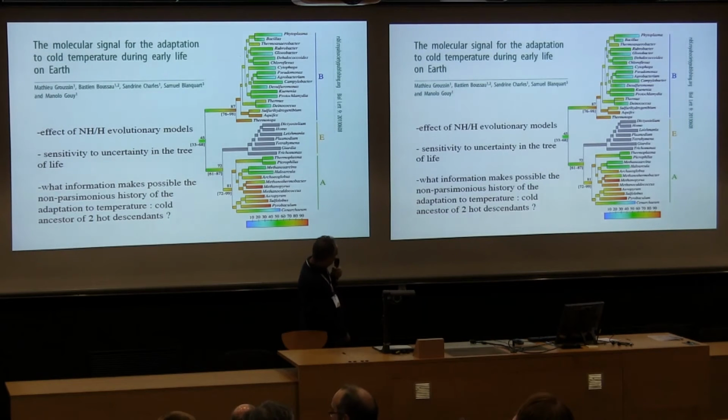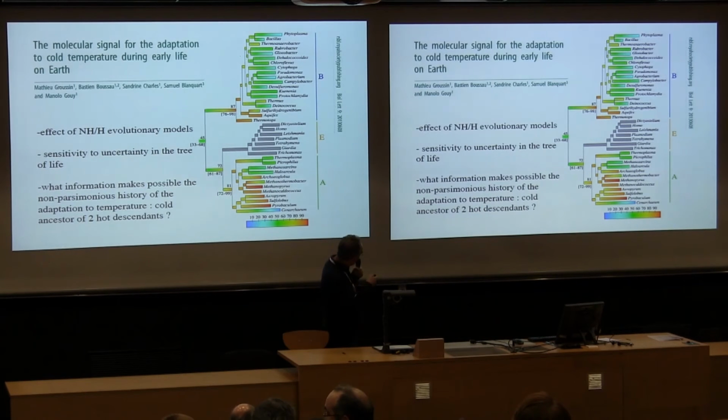Finally, I would like to show a few more control experiments trying to understand more the modeling we are doing. First one, I told you it is very important to use what we call the non-homogeneous evolutionary modeling. That is, not assume that all branches evolve with the same frequency parameters.